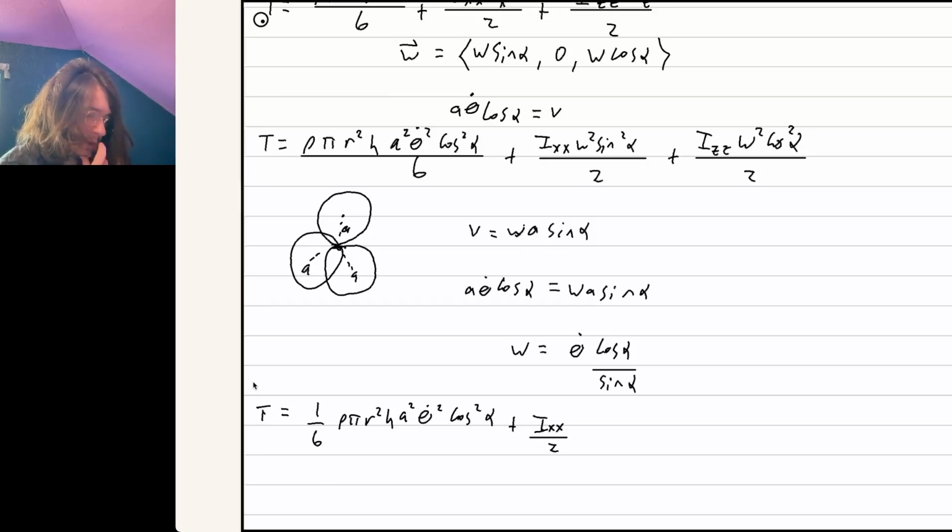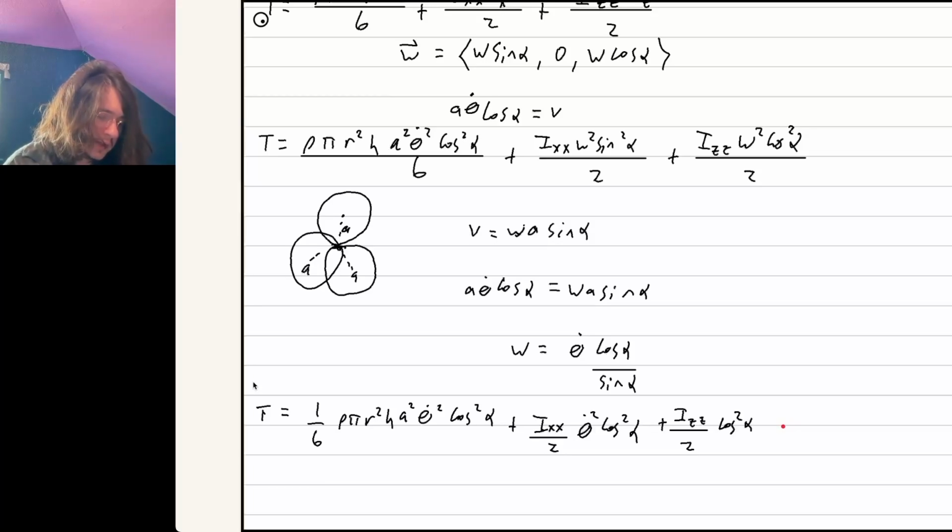It's omega squared, and the sine squared alpha will cancel out. So theta dot squared cos squared alpha. It's Izz over 2. You still have the cosine squared alpha, but you also have a cotangent squared alpha.